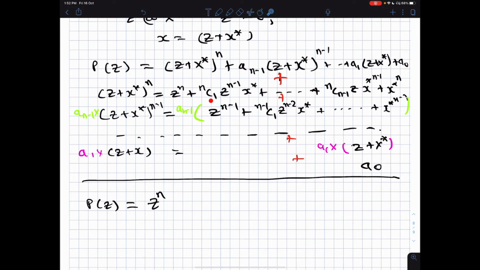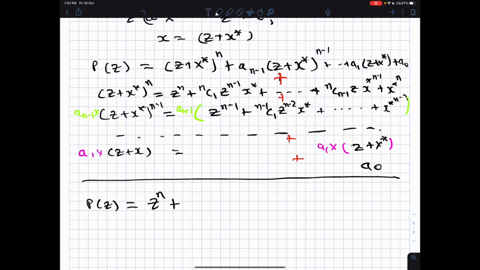So I get this term nC1 z to the power n minus 1 x star, to which I will add from the second term a n minus 1 z to the power n minus 1. So two terms will be added, and after that all polynomials are of degree n minus 2 or lower, so nothing will come from that.